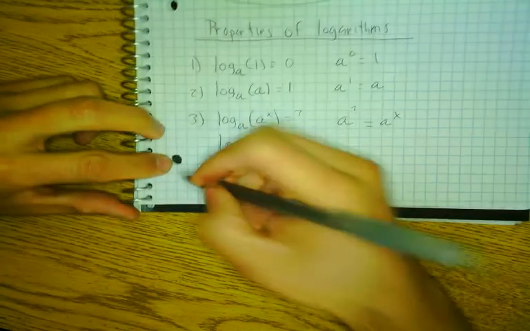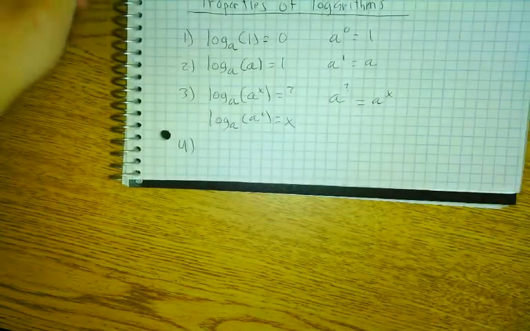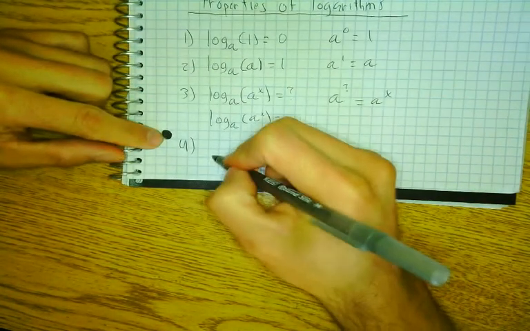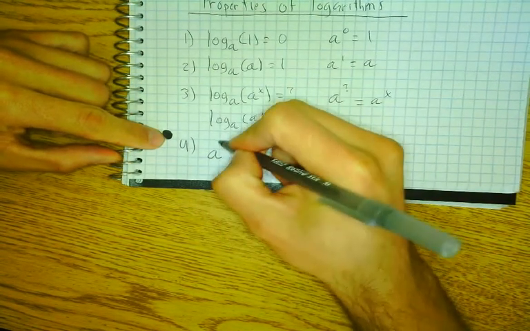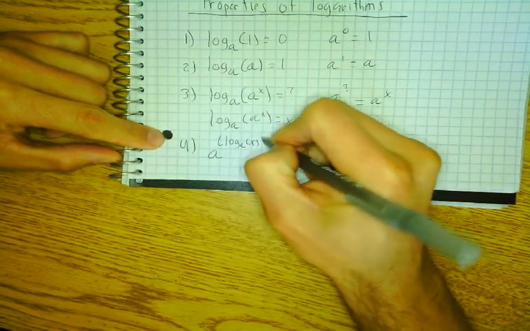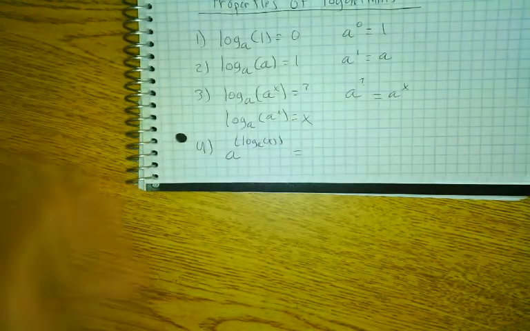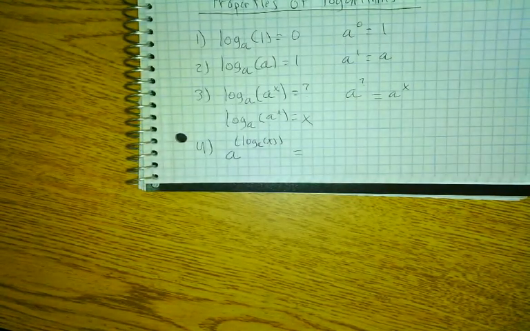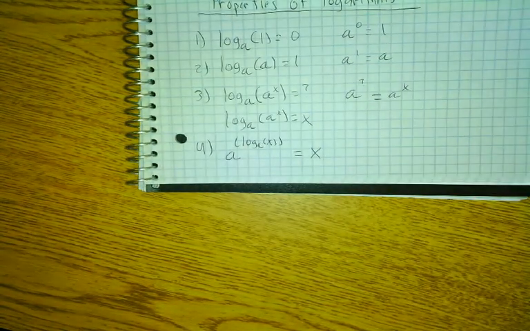Fair enough? Along the same lines, I know this is not a property of logarithms, but let's pretend that I have a to the power of logarithm base a of x. What would the answer be? x. Why?